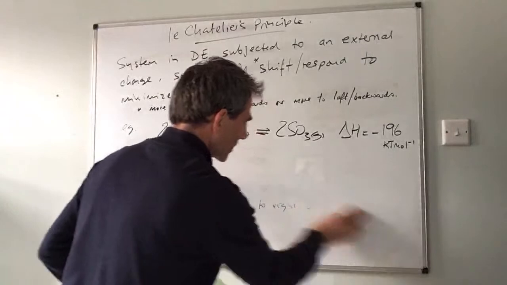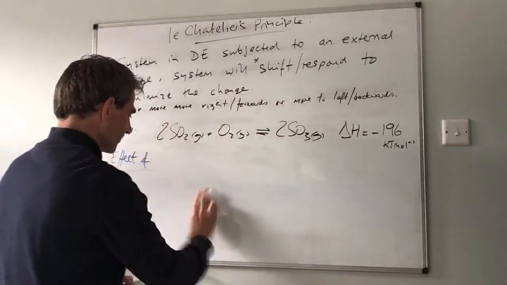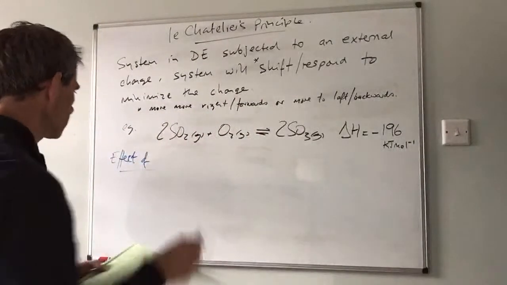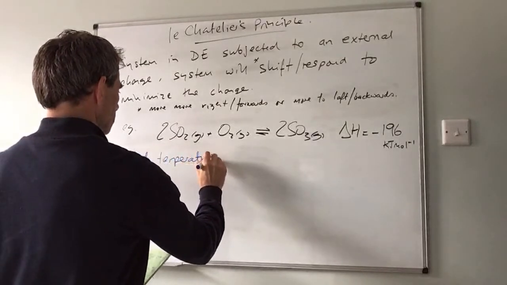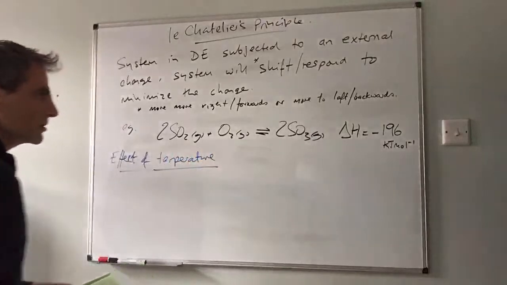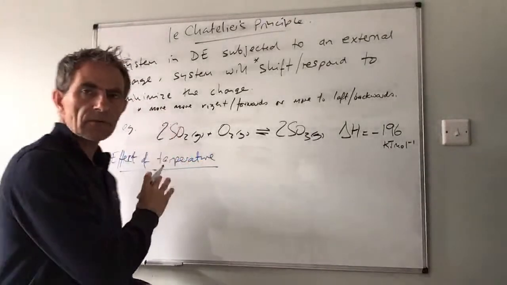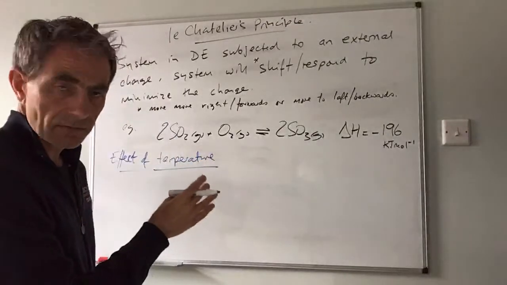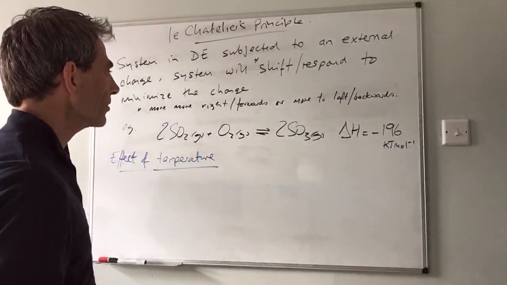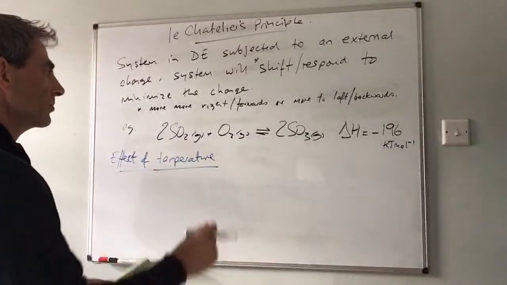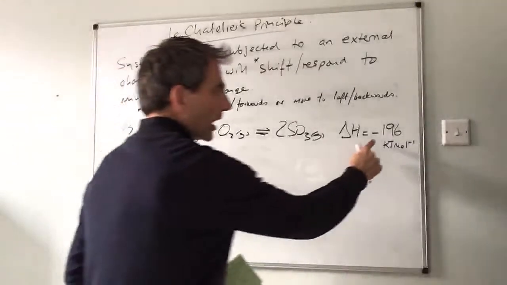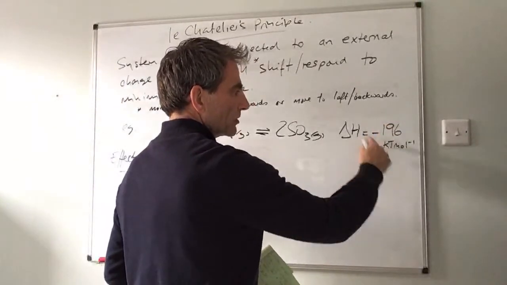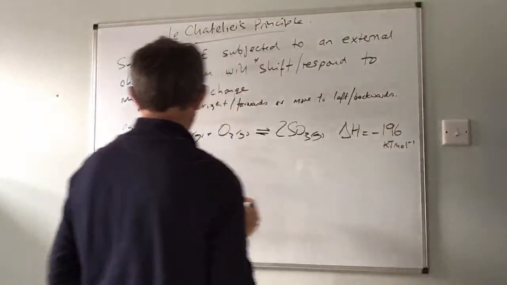Right, so let's do the next factor, which is temperature. Okay, so if you are trying to establish the effect temperature is going to have on an equilibrium position, so which way will it shift, then you've got to look at the sign of the enthalpy change. That's where you need to look, okay?